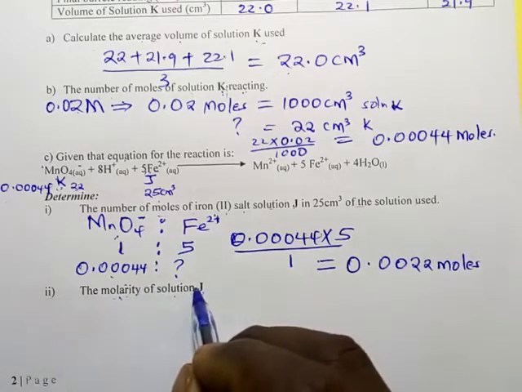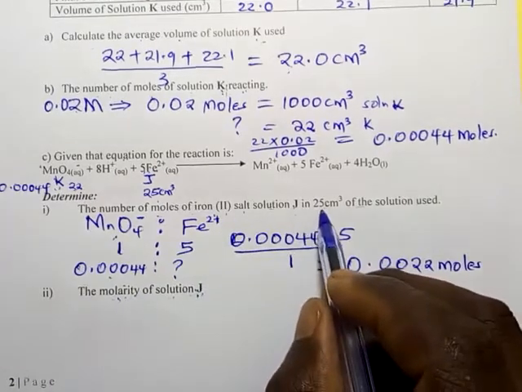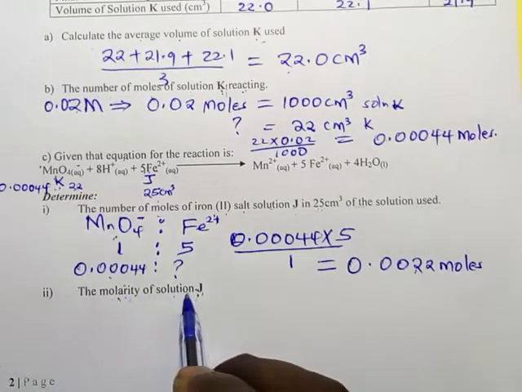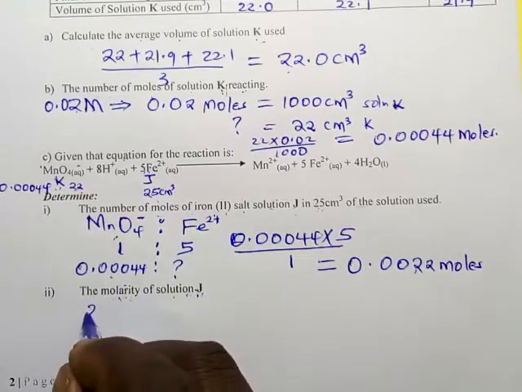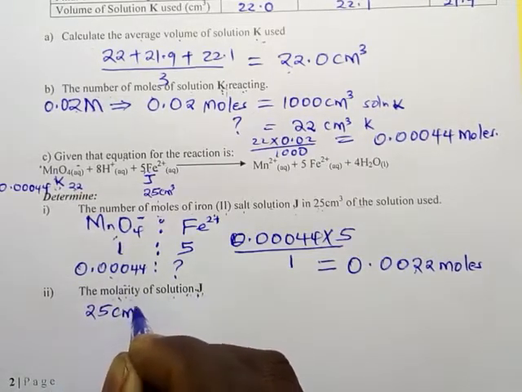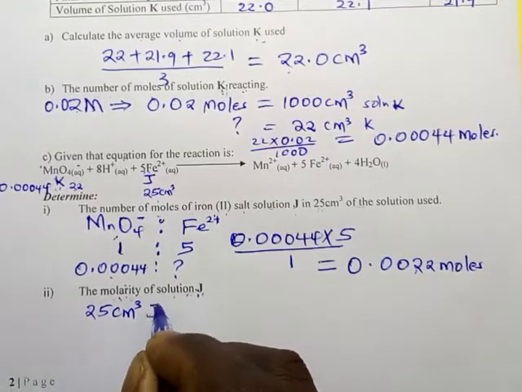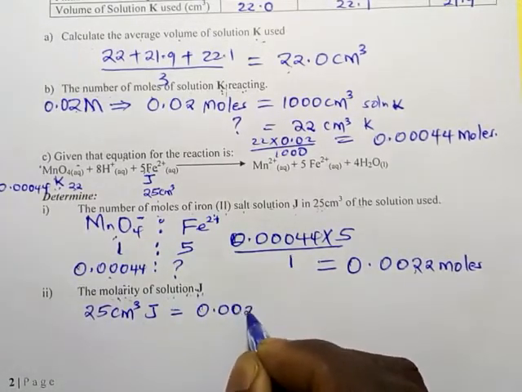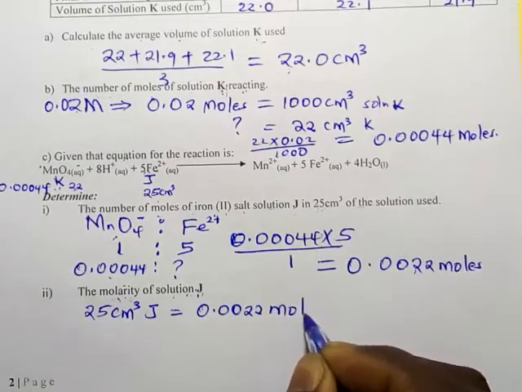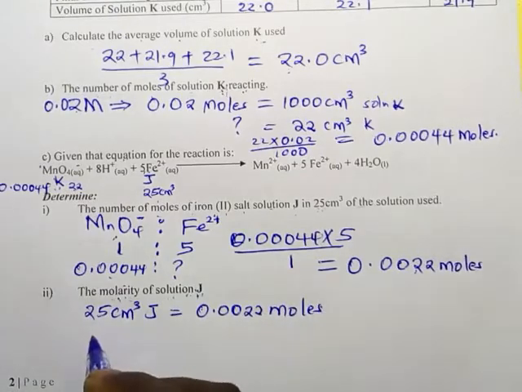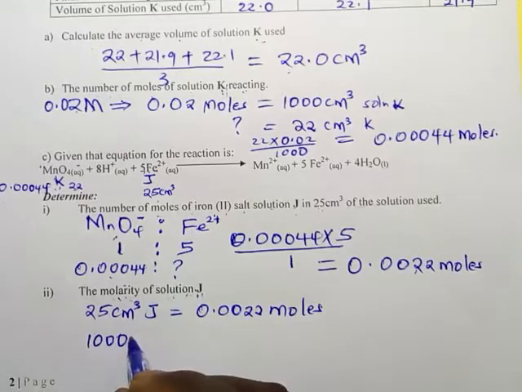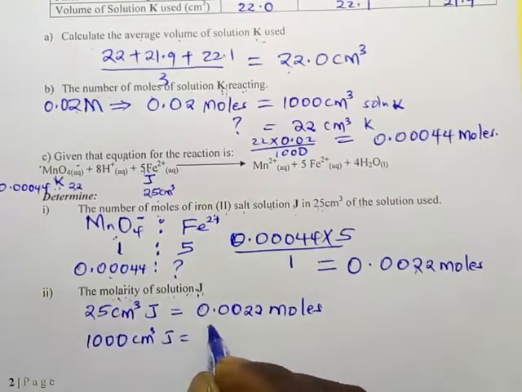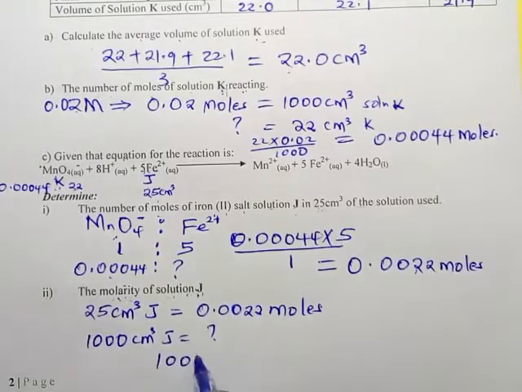So for J, we know the number of moles of J in 25 cm³. 25 cm³ of solution J contains 0.0022 moles. 1,000 cm³, that is a liter, of solution J contains how many moles?